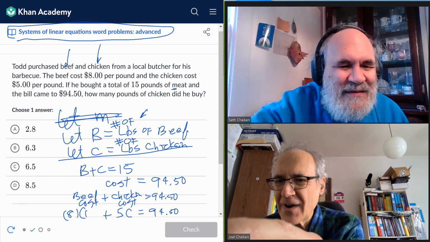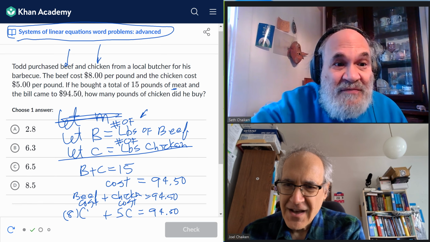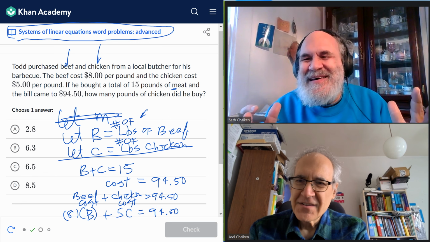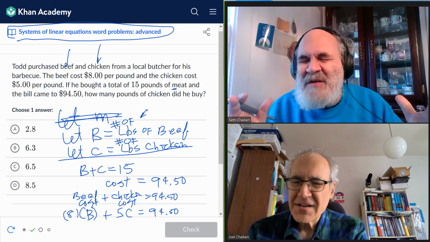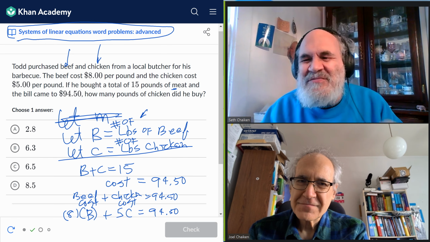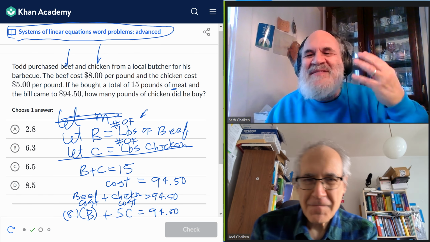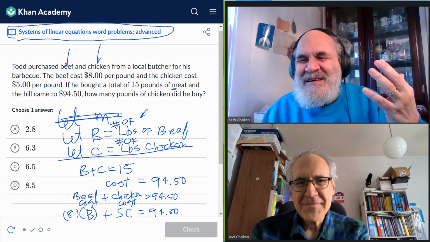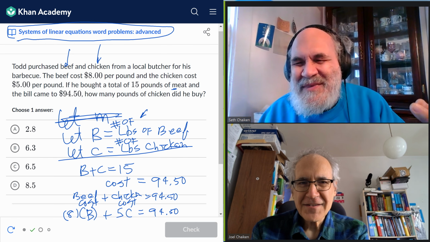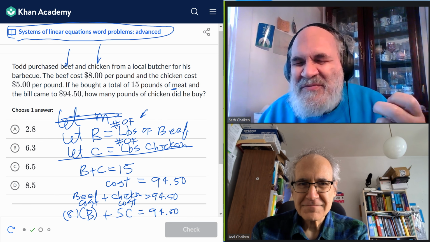The total of the two things he's buying together is the meat, even though you may think of chicken as not being meat. In the problem, the meat means the chicken or the beef.